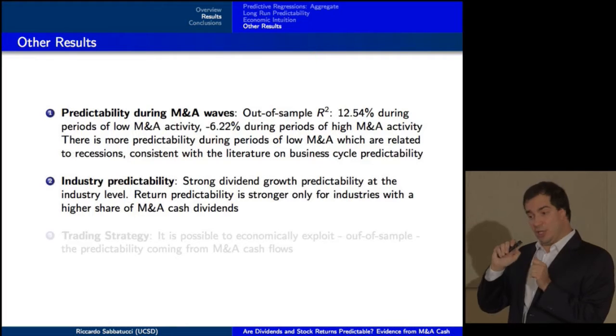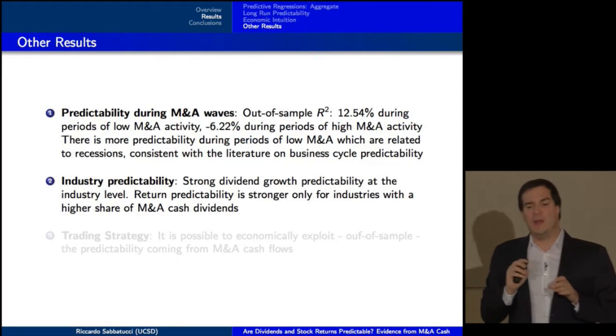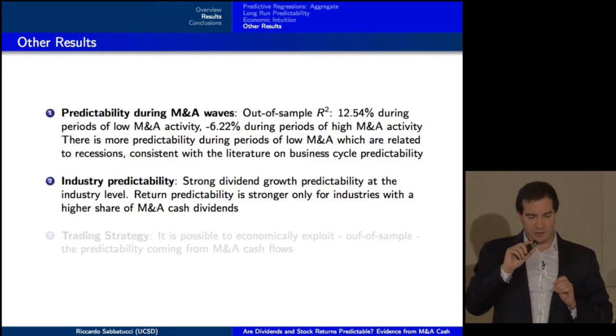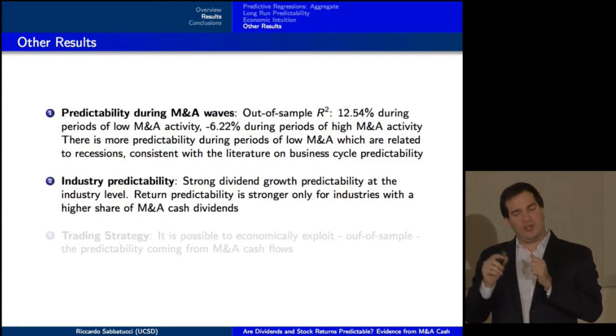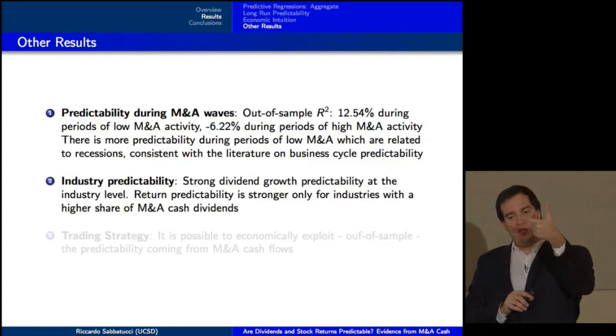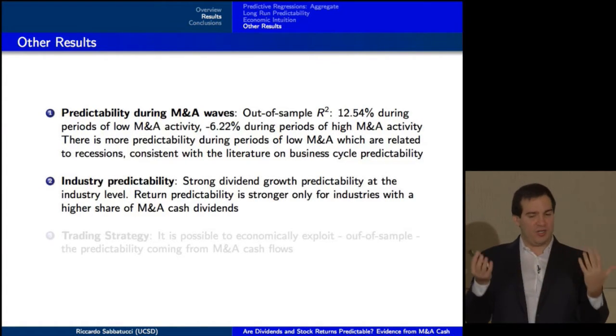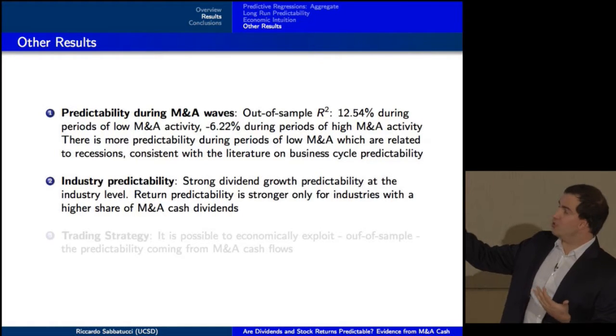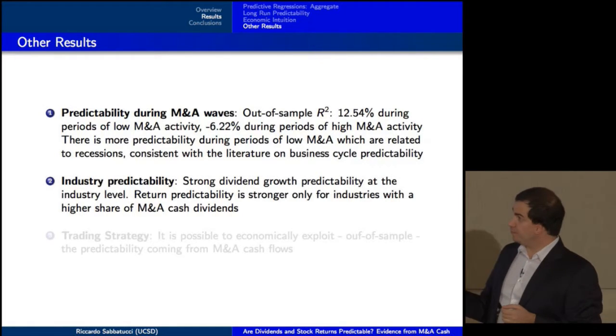As far as return predictability at the industry level, it's true that, especially over the post-Second World War period, only those industries whose cash M&A component relative to the standard ordinary dividend paid out is higher, for those industries, there is more return predictability.